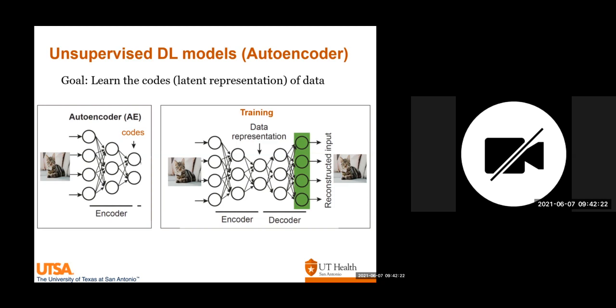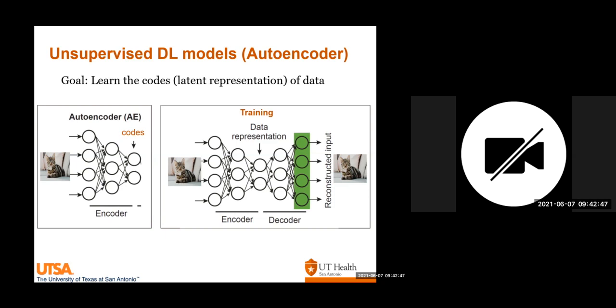Therefore, the goal of the machine is to really understand the image, to learn the features that characterize it. However, we do not really know what the image is. One very popular unsupervised deep learning model is called the autoencoder.